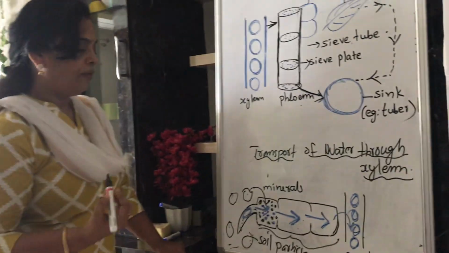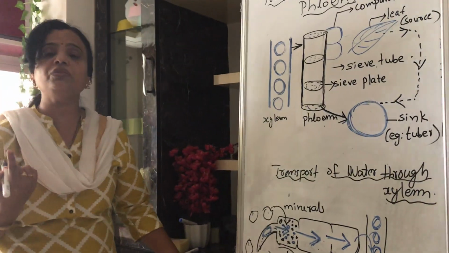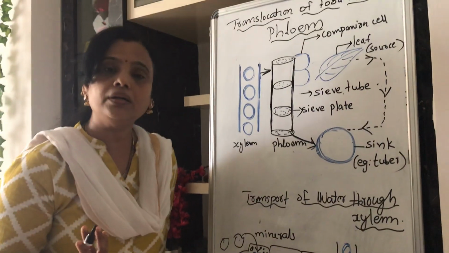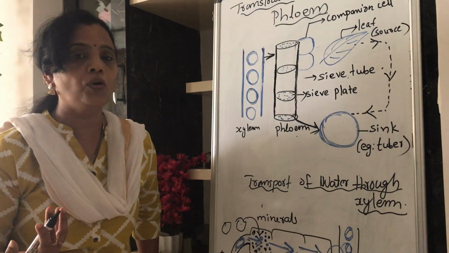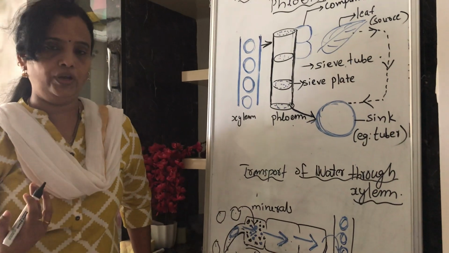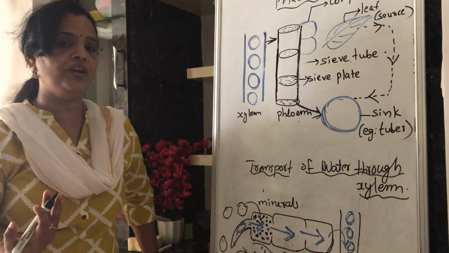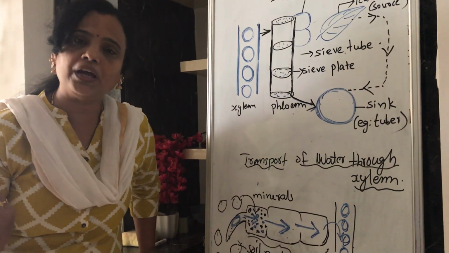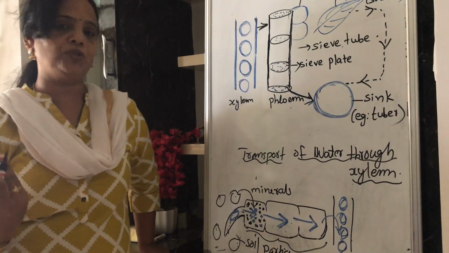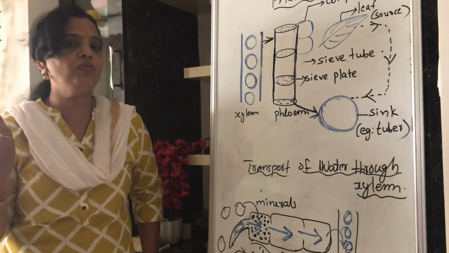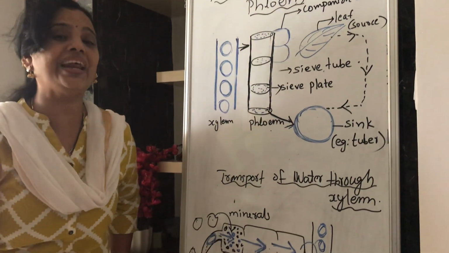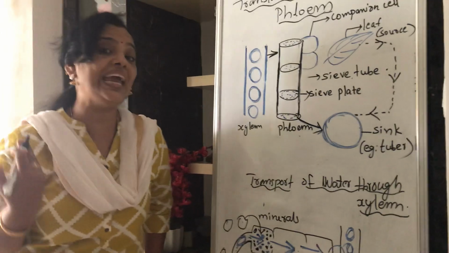Now you know that the roots absorb not only water, but also minerals from the soil. And you have to remember, children, the absorption of minerals by the root is active absorption. I have already explained what is active absorption, which requires energy, which utilizes ATP.